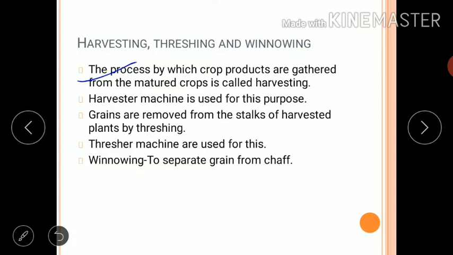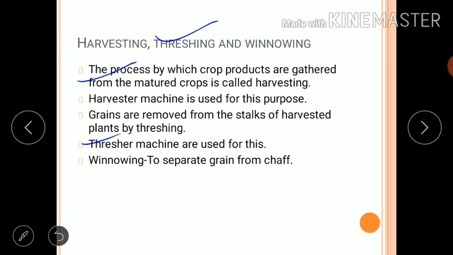Grains are removed from the stalks of harvested plants by threshing. This can be done by striking the harvested crop against a hard surface manually or by letting animals walk over it. Or threshing machines can also be used.